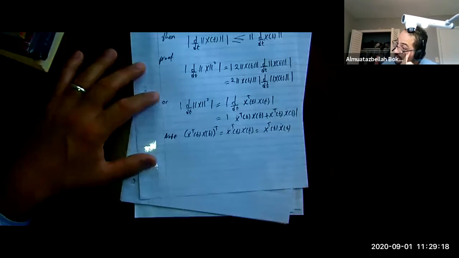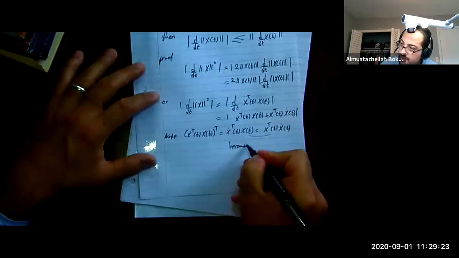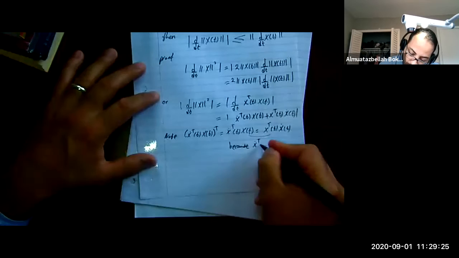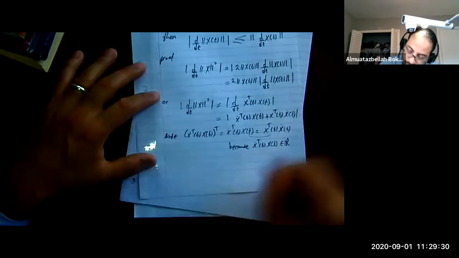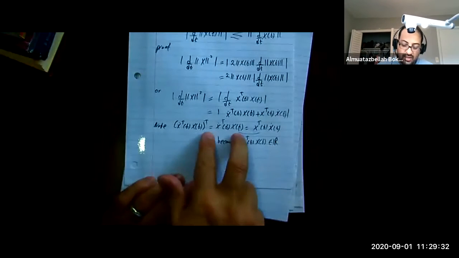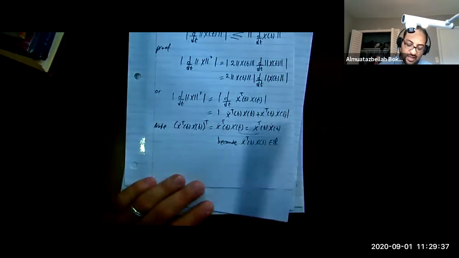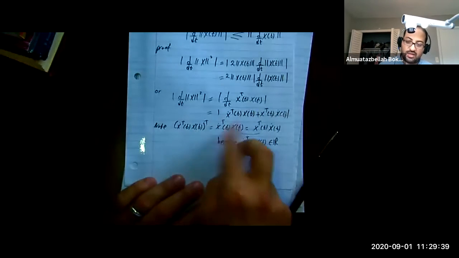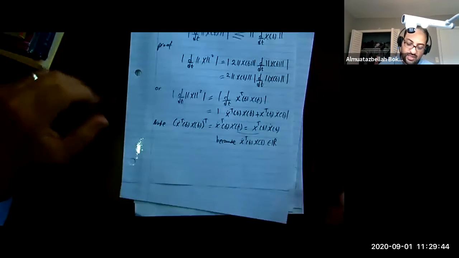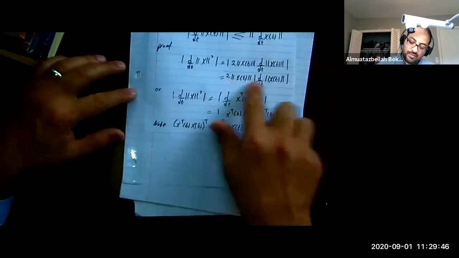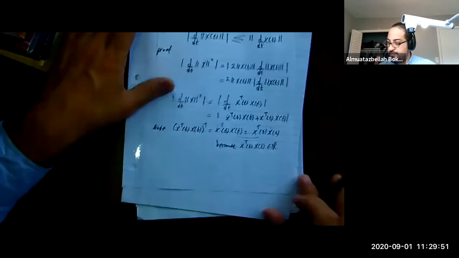Because x transpose of t x of t is a scalar. Okay, so the product of these two is a scalar. If I take the transpose of a scalar, it doesn't matter the order. So I can flip the order. This is just another way of showing this.